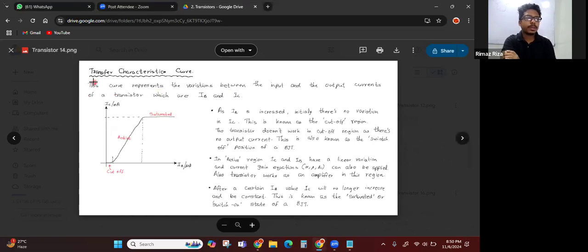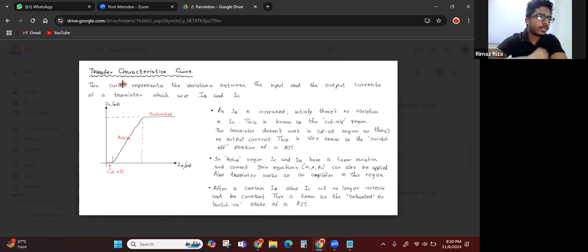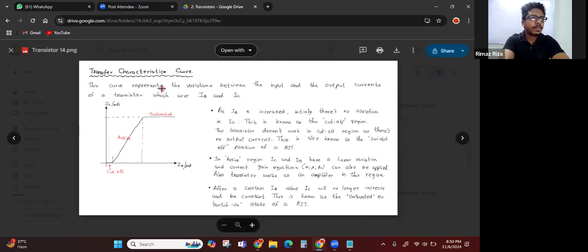And write down the topic transfer characteristic curve. Transfer characteristic curve. Okay, so here this curve represents the variation between the input and the output currents of a transistor, which are IB and IC.